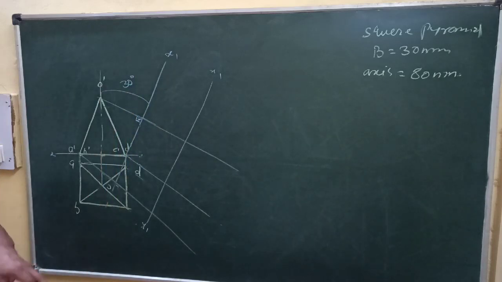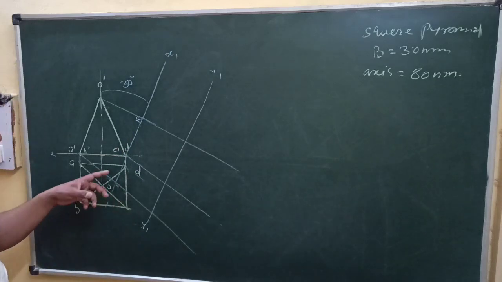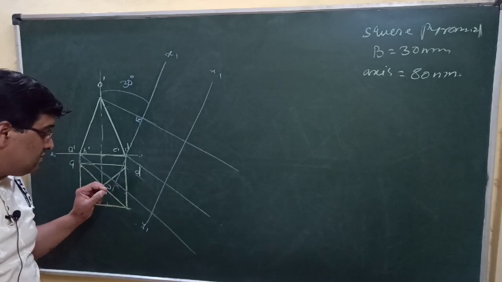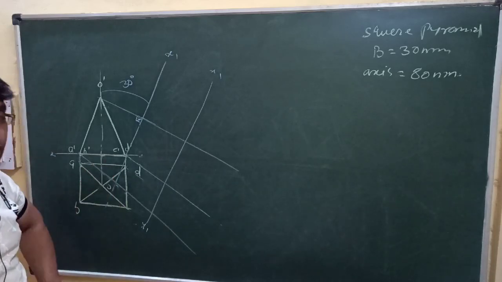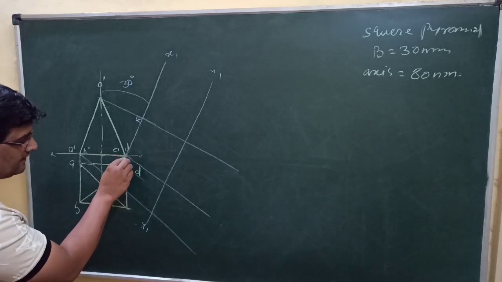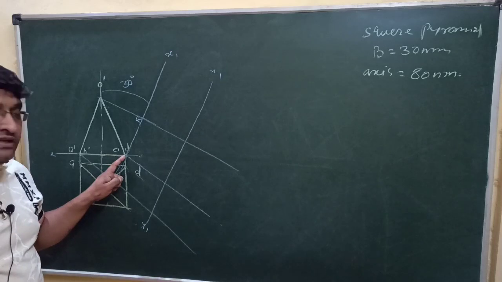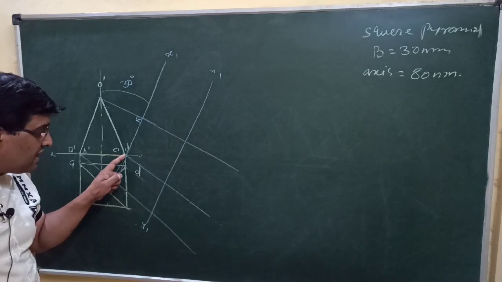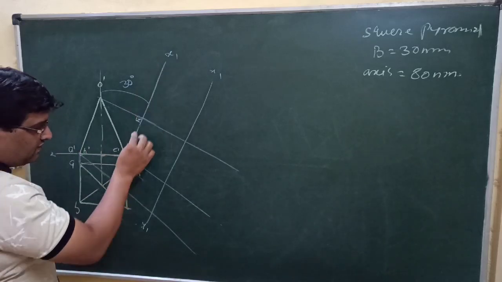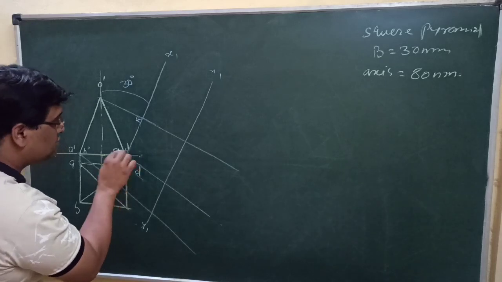So this line must be at an angle of 30 degrees, and also because one of the edges of the base is resting on HP, say for example CD is resting on HP, we have to pass this line from this point C dash D dash, so that it should touch the line x1 y1. It means that this is the new reference line, and CD must be on this line because it is on HP.